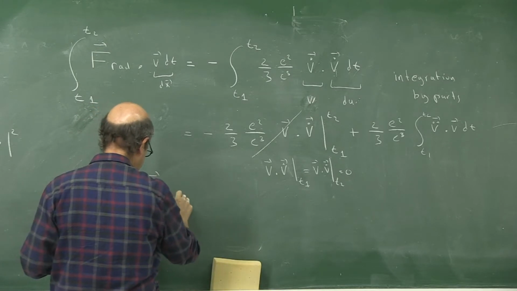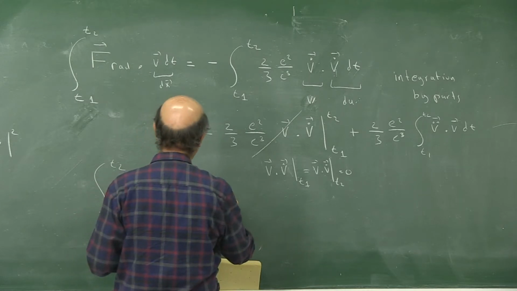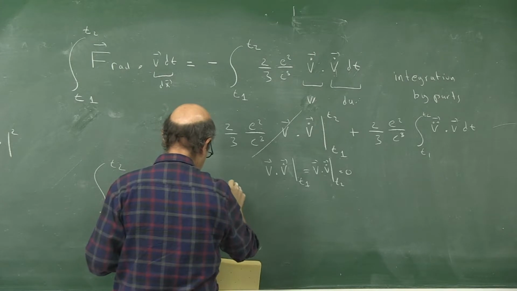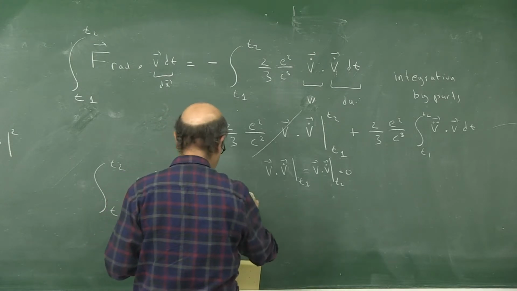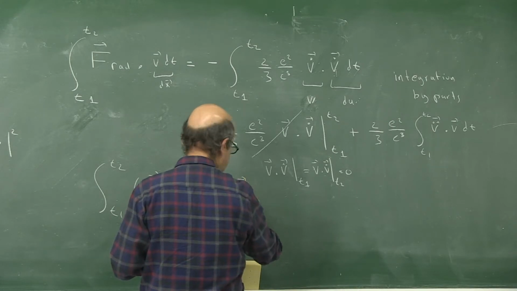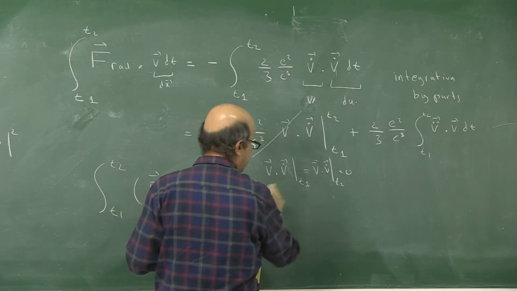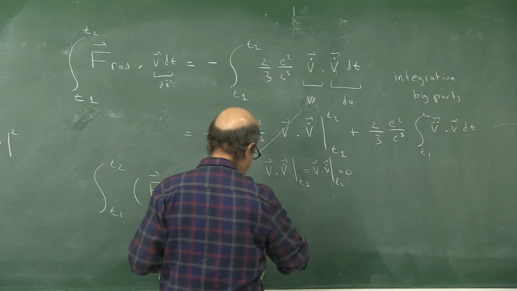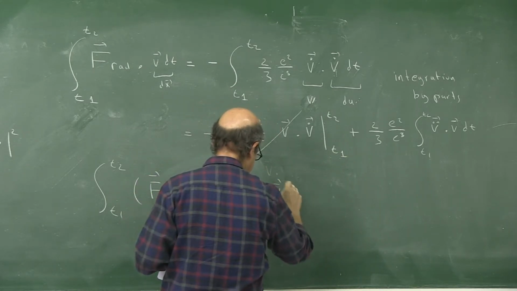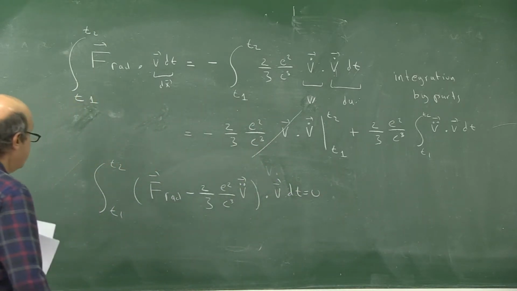If the radiation reaction force is minus 2 over 3, taking this to the left hand side, e square over c cube, we have the v double dot here. The interesting part is that we have the derivative of the acceleration, and if you take the common parenthesis of v dt, this should be equal to 0 overall.